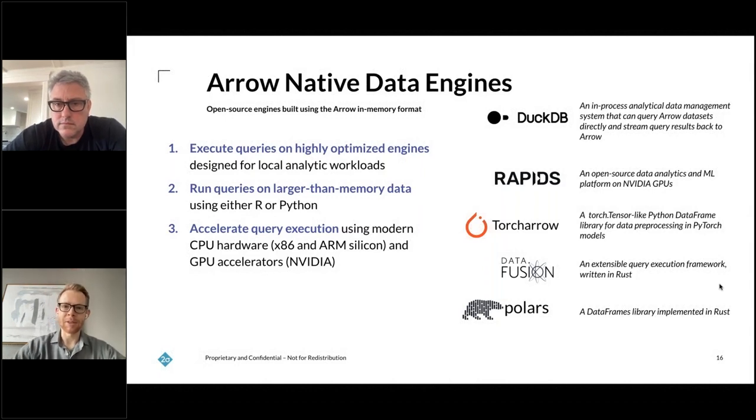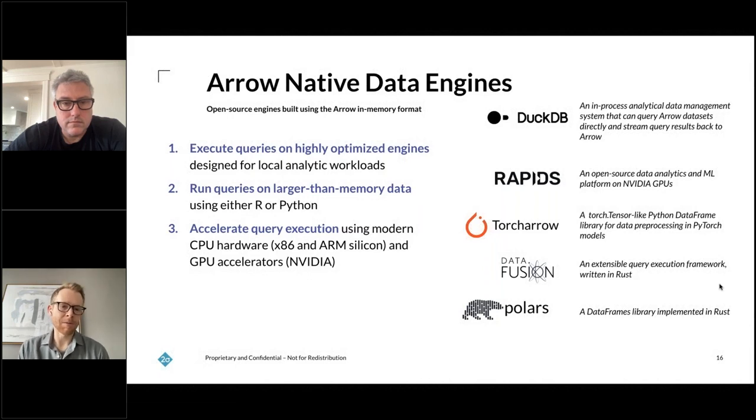The idea here is that it's great to use Arrow to improve interoperability and reduce serialization costs in connecting systems and programming languages, but to also be able to execute SQL and complex analytical queries in a highly optimized way means that we can create these fully Arrow native systems that are an order of magnitude faster or more than the last generation of data systems.